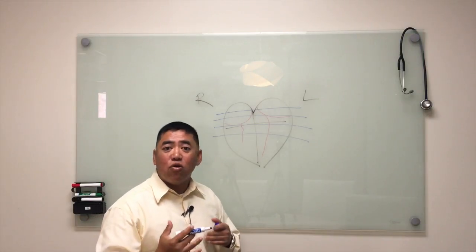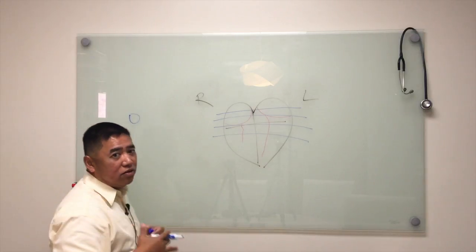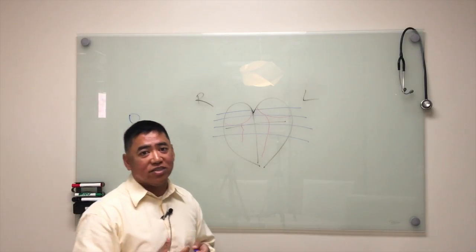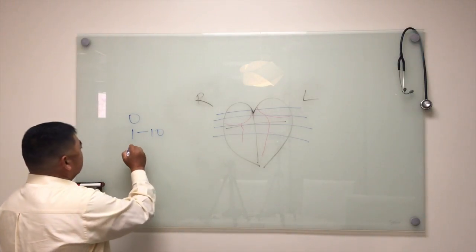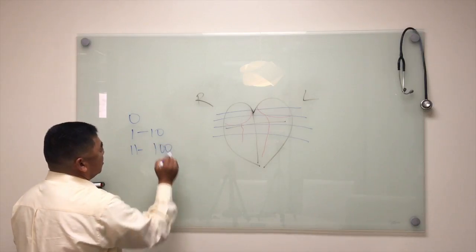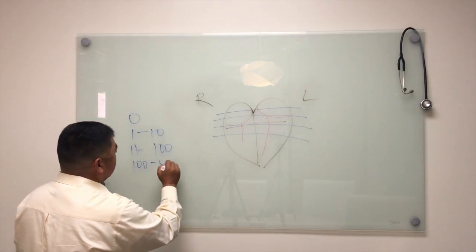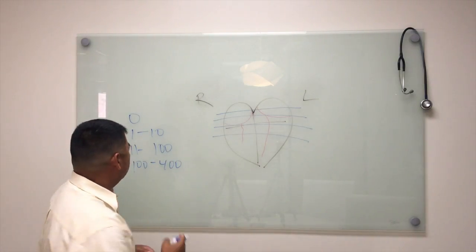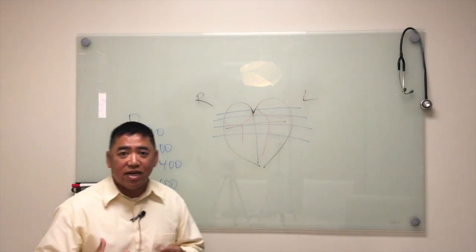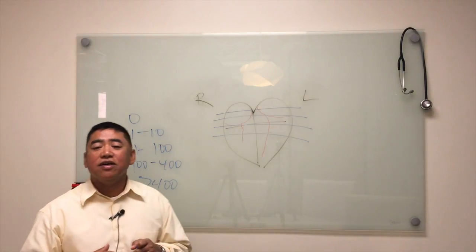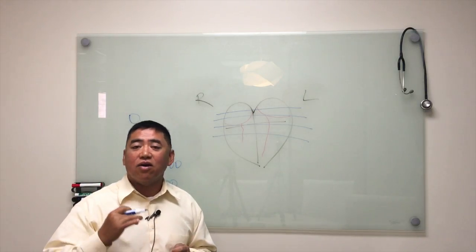And then it's going to give you a score. 0 is no evidence of heart disease or no evidence of calcium deposits. 1 to 10 is going to be very mild. 11 to 100 is moderate. 100 to 400 is pretty severe, and anything over 400, well, you've got to make some changes, because right now, if you're over 400, you're basically a ticking time bomb and you're at a higher risk for having a heart attack.